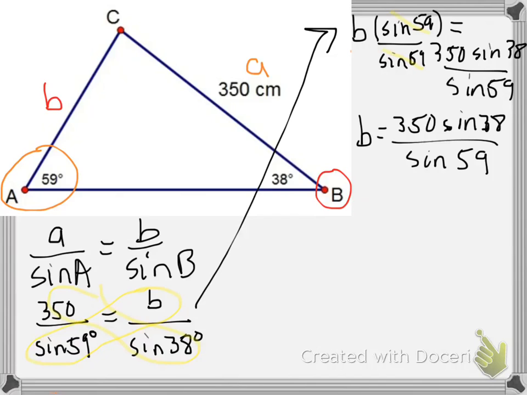Now the only thing to make sure of, when you actually go to type this in, is to put your parentheses on your calculator so you don't start dividing 38 by the sine of 59. You want the sine of 38 divided by the sine of 59.